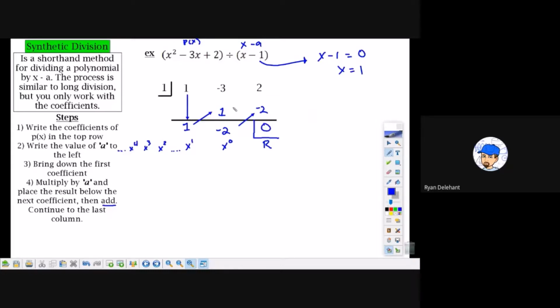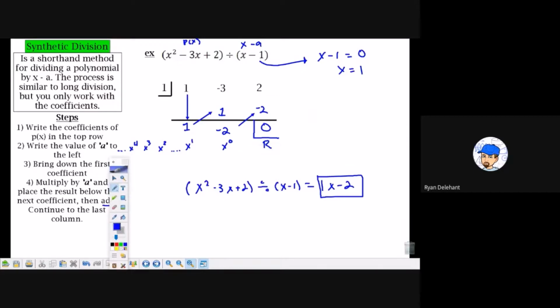Meaning that when I did this division, x squared minus 3x plus 2 divided by x minus 1, you're going to get 1x minus 2 as the result. And we can do this longhand and see that.